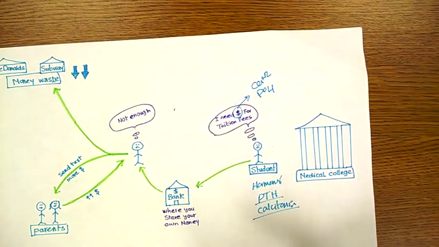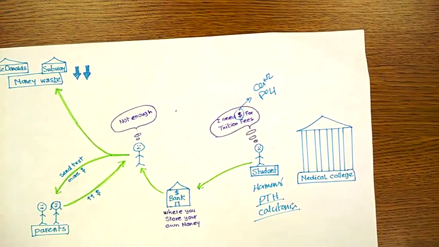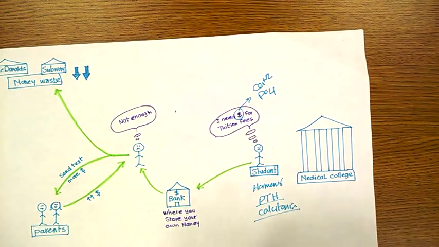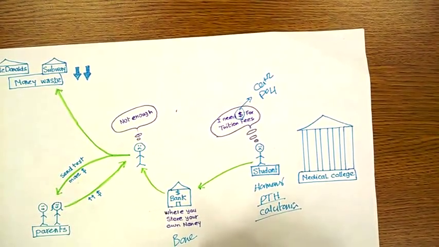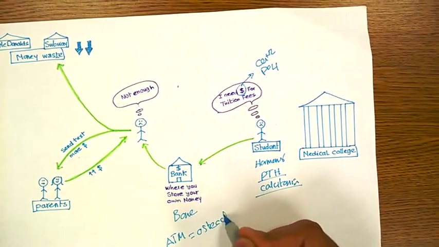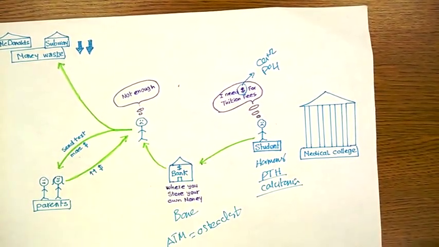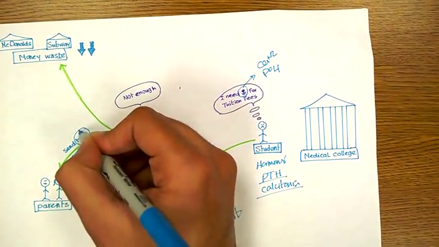And here this bank is our bone where we store our calcium and phosphorus, and the ATM is similar to the osteoclast.